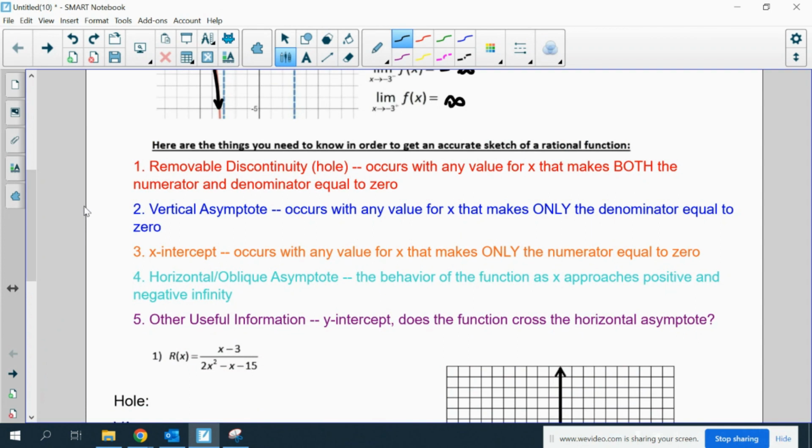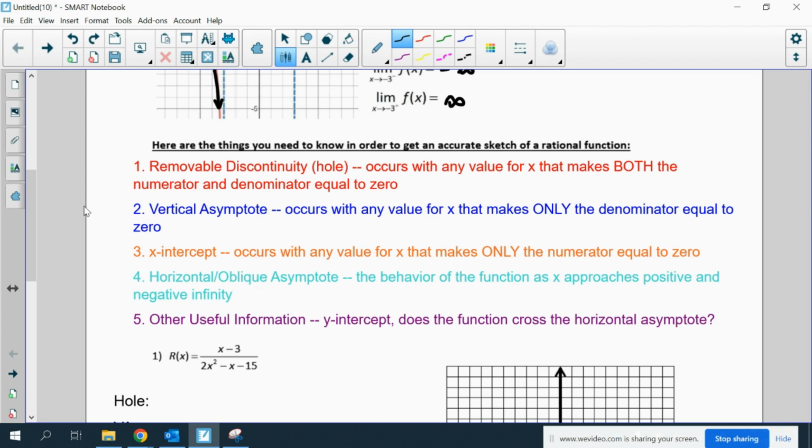And then, just like last year, we talked about graphing rational functions. So today's video is primarily a way to remind ourselves of some of the things we need in order to get a good sketch, a good graph of a rational function. And then we're going to practice some of these. So we need to figure out where the function has removable discontinuities or holes.